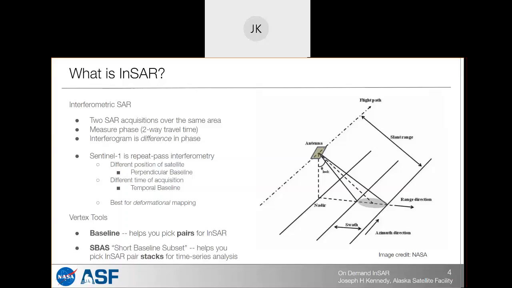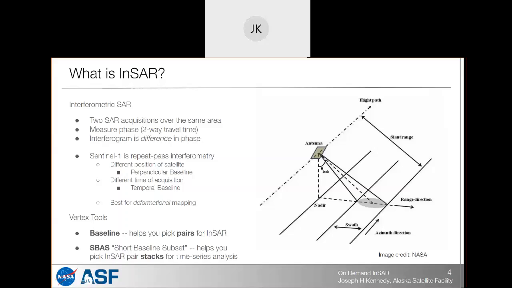And if you have the images in two different positions, you can use that to decide where the ground is in addition to the satellite. So you can do mapping of the terrain surface, or if you have the acquisitions at two different times, you can see how the ground has changed if you know what the ground should have looked like.